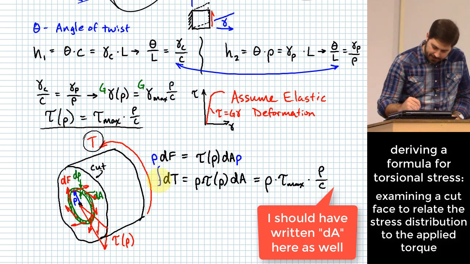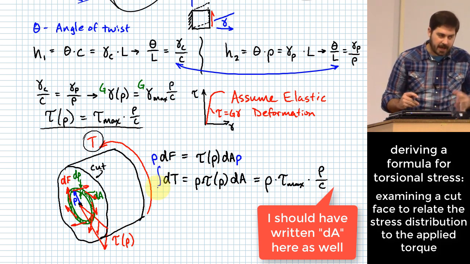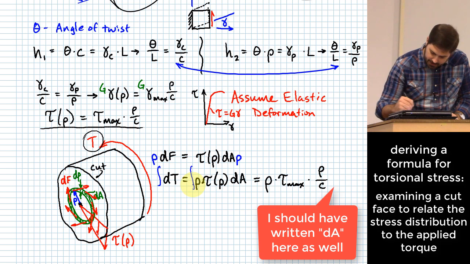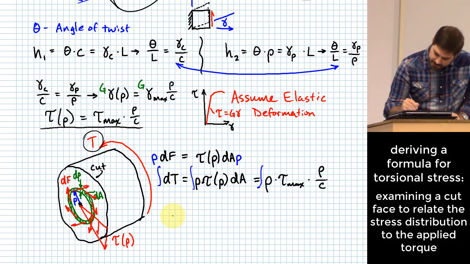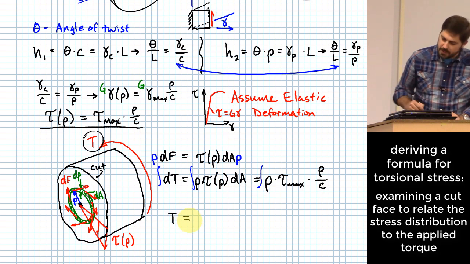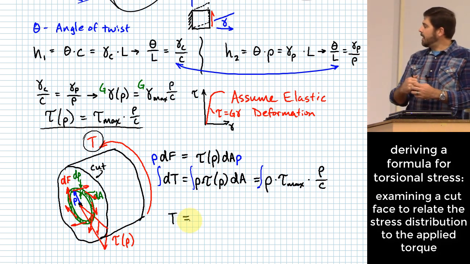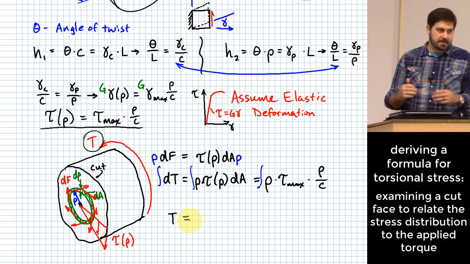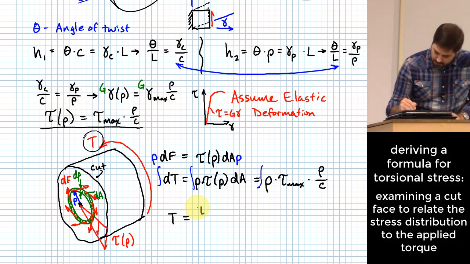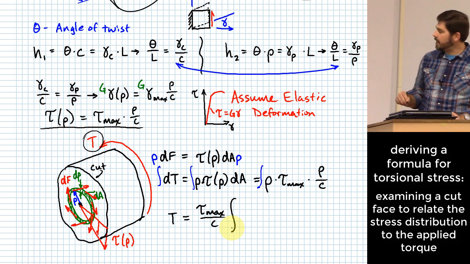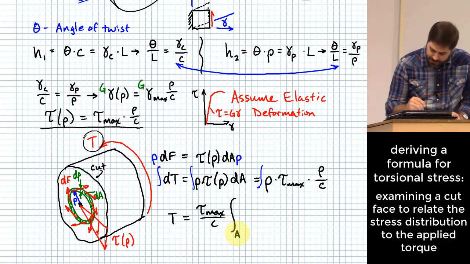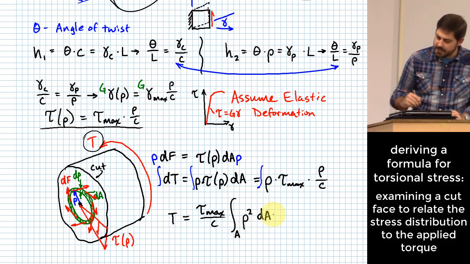So if I integrate over the entire area, then what I end up with is that torque is going to be equal to, now tau max and c, those are constants, right? So I can take those out, and I can integrate over the area of the face of rho squared dA.